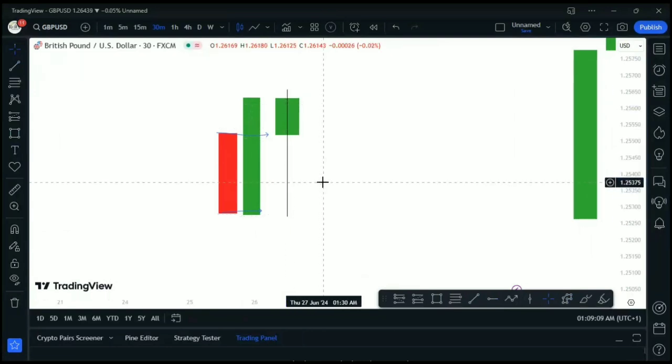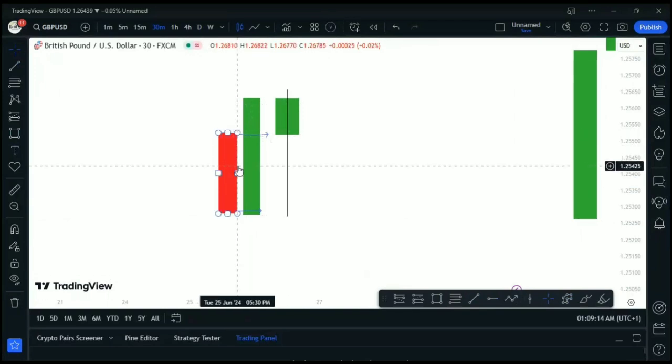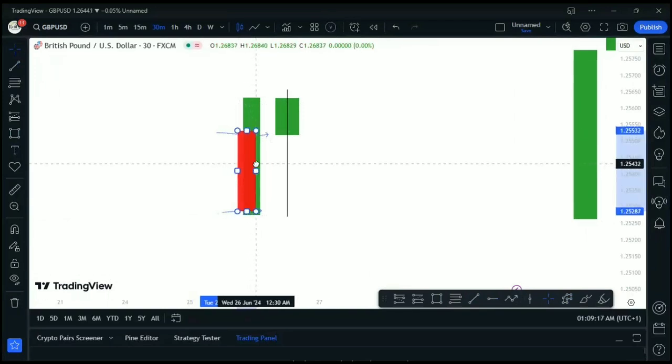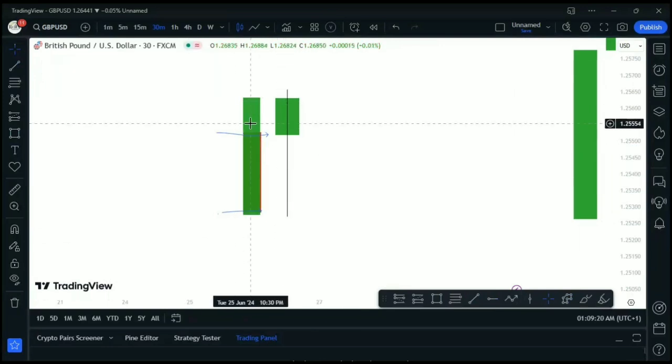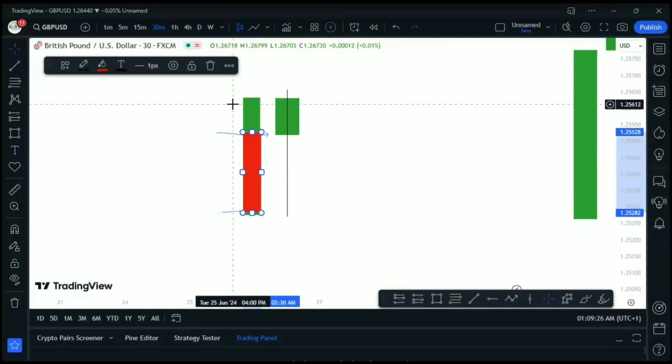So if you decide to erase this bearish candle, like bring it in here, you see the up that is remaining. So that up now means that inside this candle, the market sold.